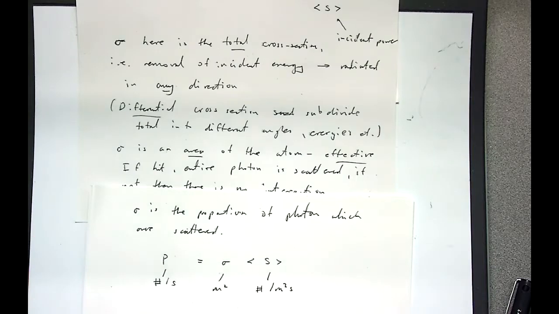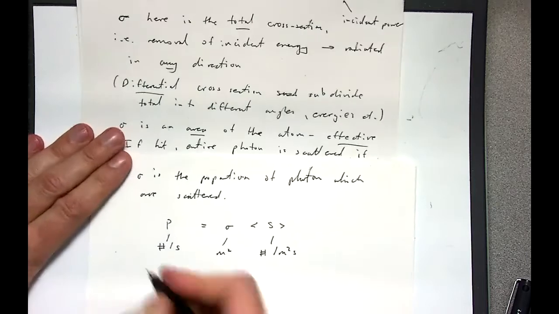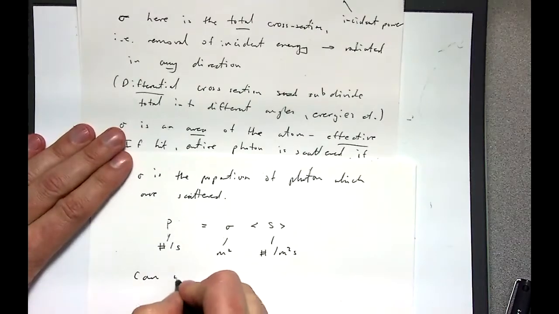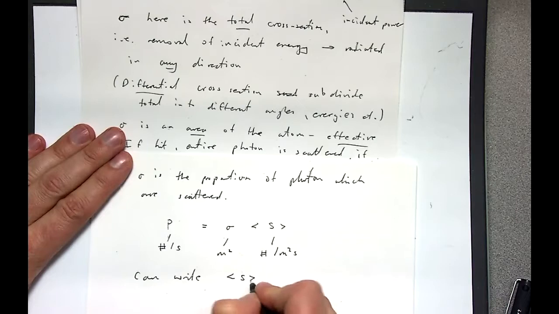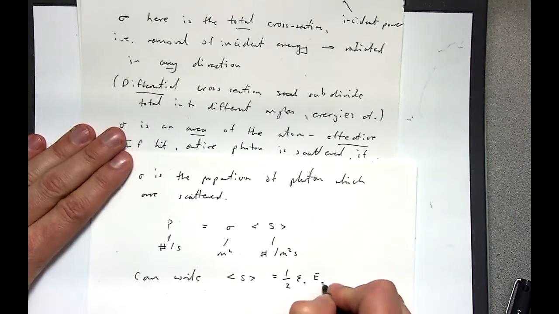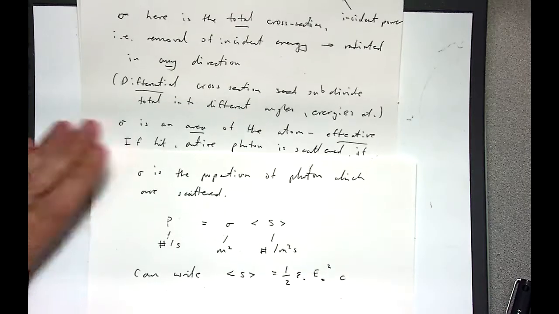Now, we already saw that we can write the incident power in another form. We can say it's half epsilon naught E squared, the energy density, times c.